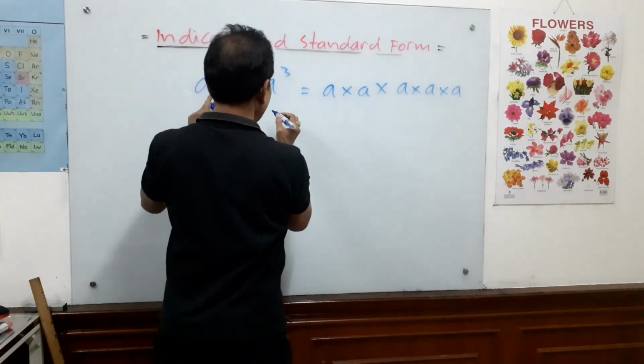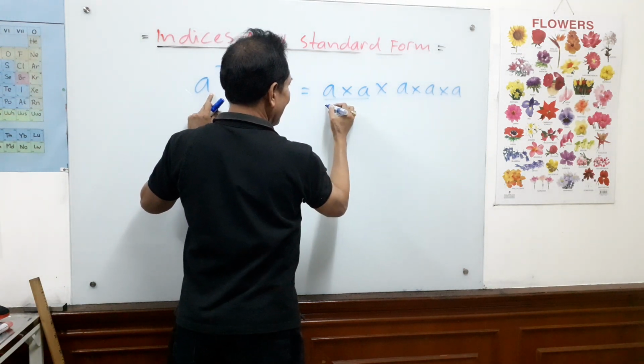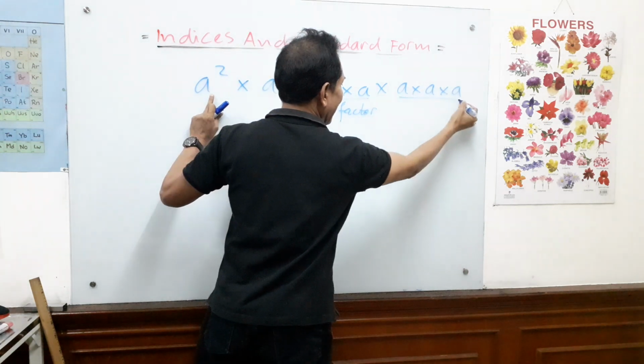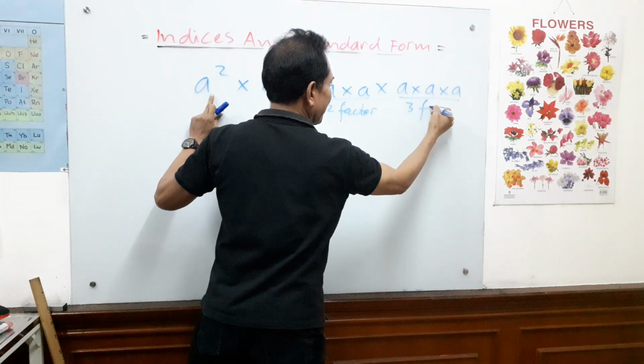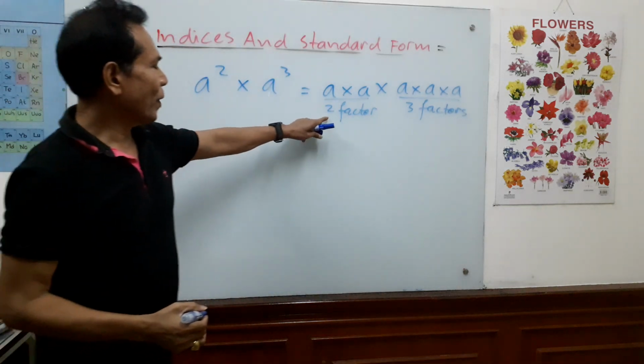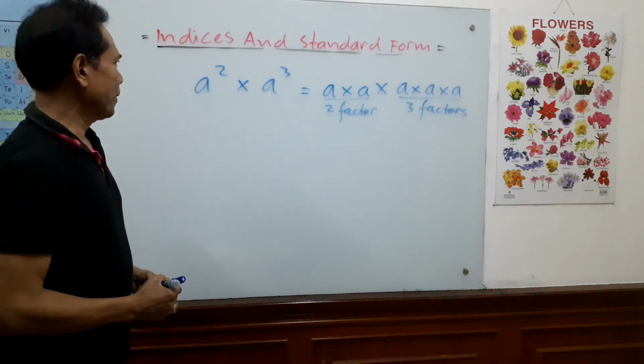Now this first A here has 2 factors, and this one has 3 factors. Alright? 2 factors, 3 factors.